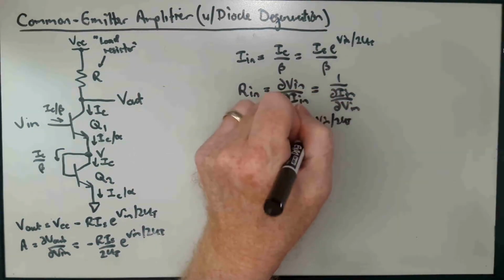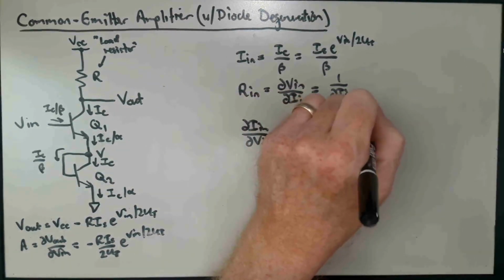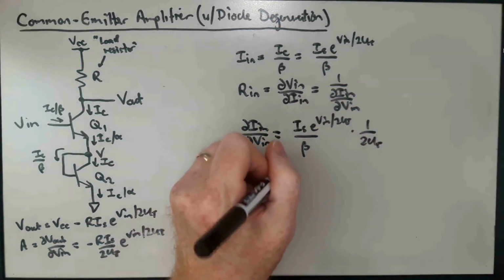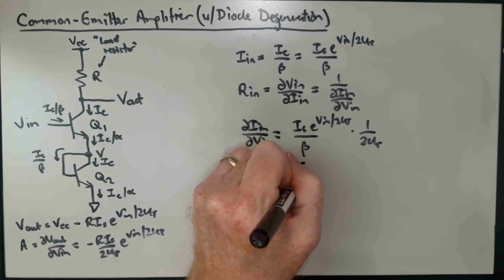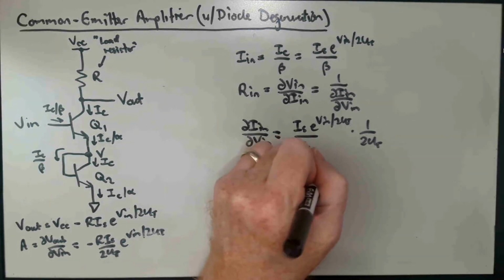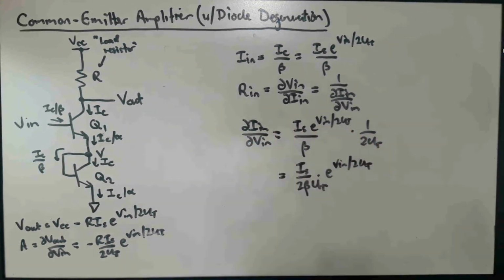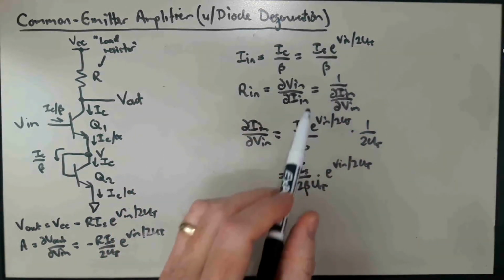We have a 1 over beta here. We multiply that by 1 over 2Ut from the chain rule, and we get Is over 2 beta Ut times e to the Vn over 2Ut. And of course we could re-express this in terms of In, right, because In is just Is over beta e to the Vn over 2Ut.